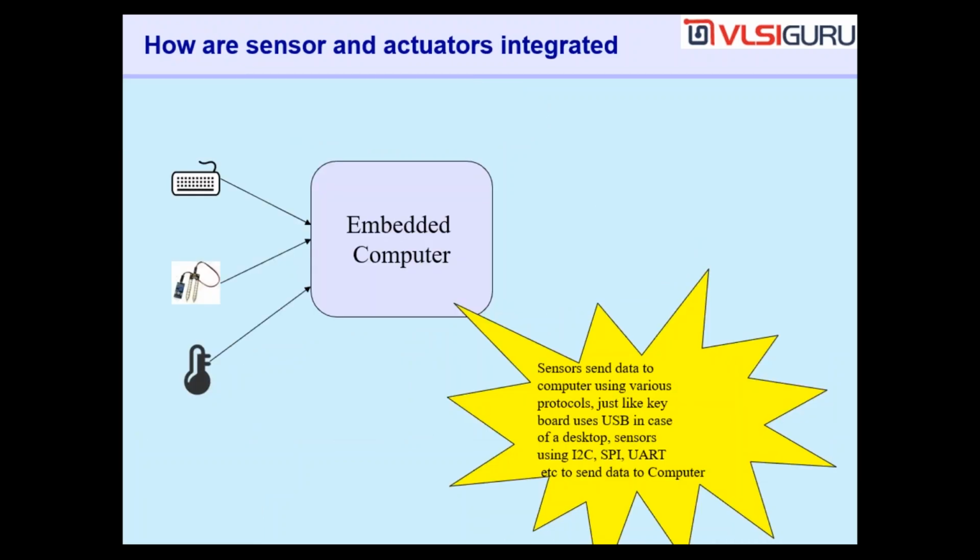Coming back to our presentation, how do we integrate sensors to the embedded computers? Usually there are certain protocols defined for this, just like USB in the case of desktops. There will be something called I2C, SPI, UART, etc. I will be covering at least one of these protocols based on the availability of time and your interest.